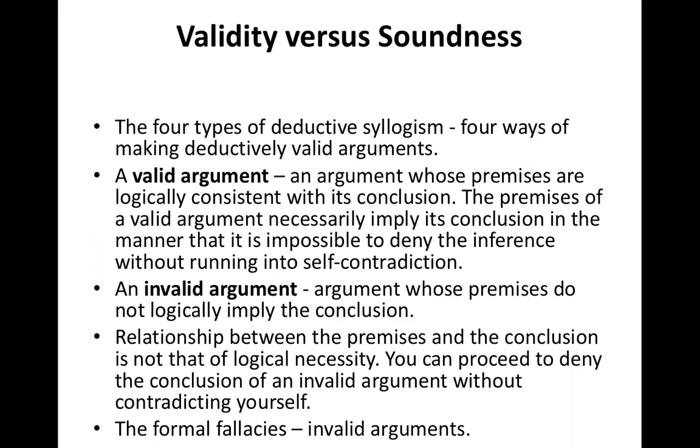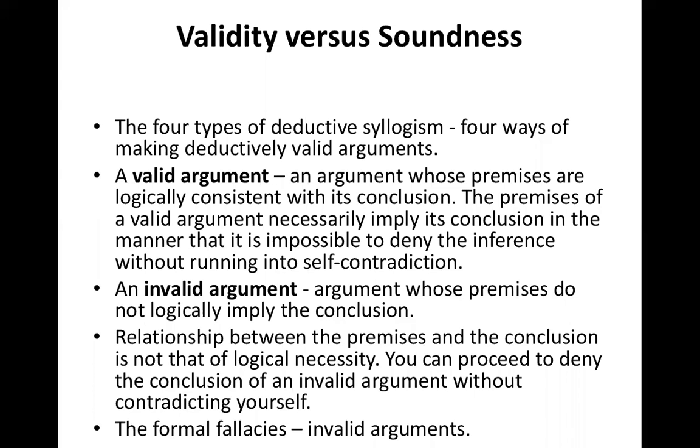Now, all those fallacies we just saw, the fallacy of modus ponens, the fallacy of modus tollens, the fallacy of denying the antecedent and the fallacy of affirming the consequent, and the two hypothetical fallacies, we call them formal fallacies. That's the last statement on the slide.